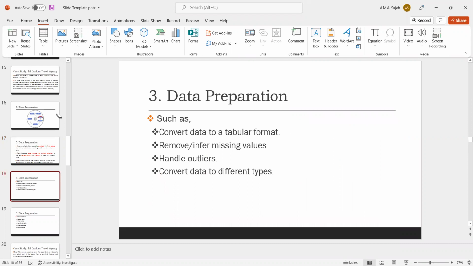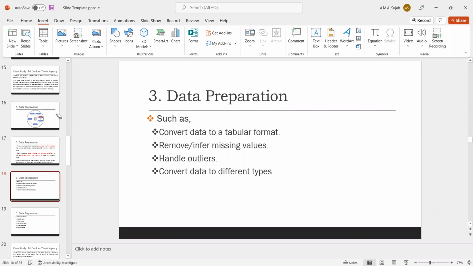Sometimes algorithms need the data converted into tabular formats. Sometimes we can't apply the algorithm with missing values. Sometimes we remove the missing values, or we update or fill the missing values by different techniques. Sometimes we also handle the outliers.